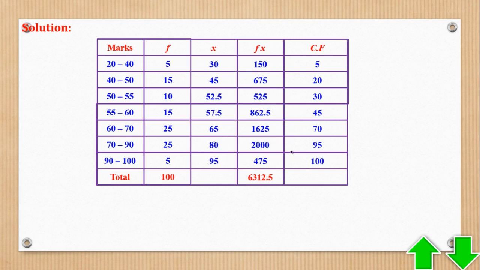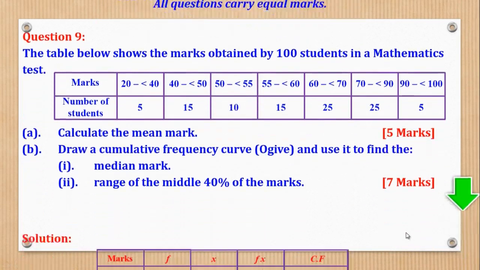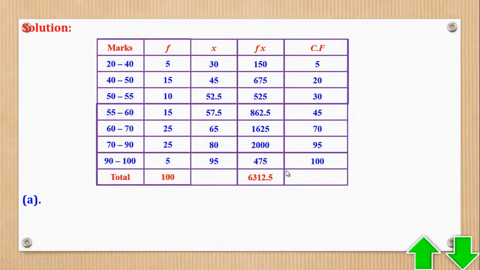Okay, now we have generated our table. Next is to answer the questions that follow. So the first question, they ask for the mean mark. So for the mean mark, we have to remember the formula, quote the formula, substitute, and get the answer, and that will be the mean.